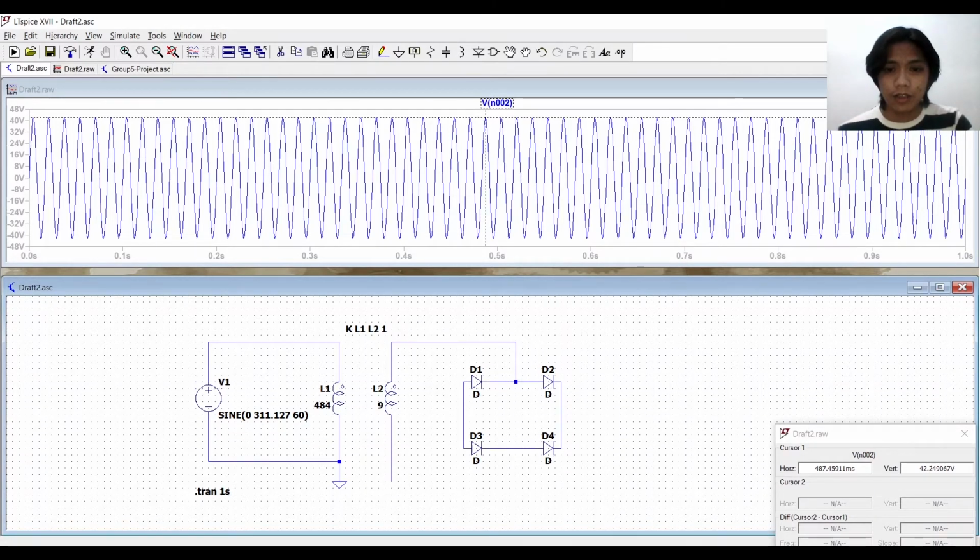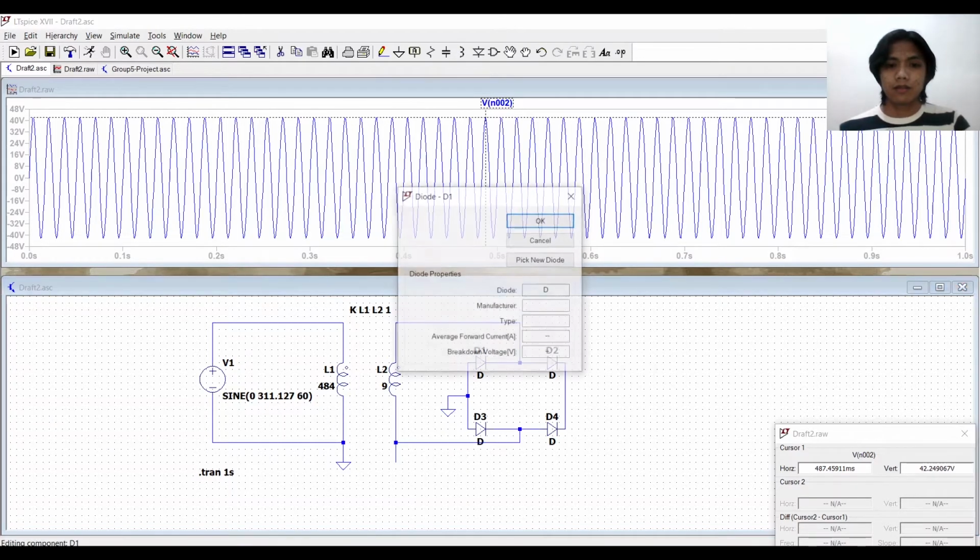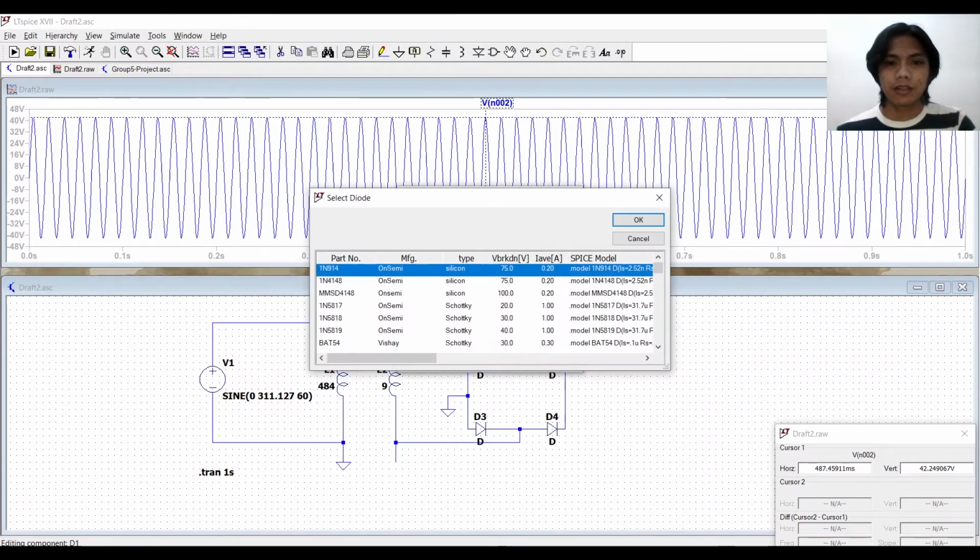And so by connecting the circuit as shown, we will be able to build the power supply circuit that the group has created before.